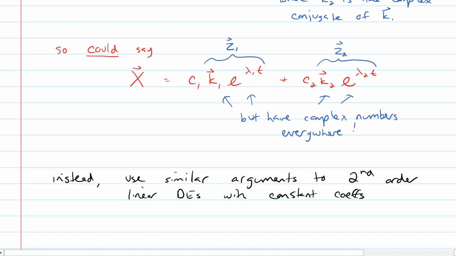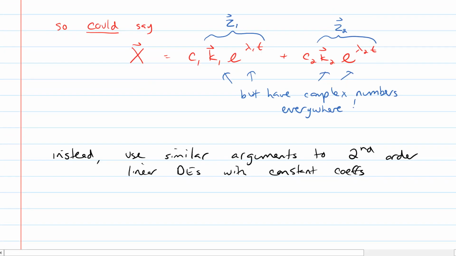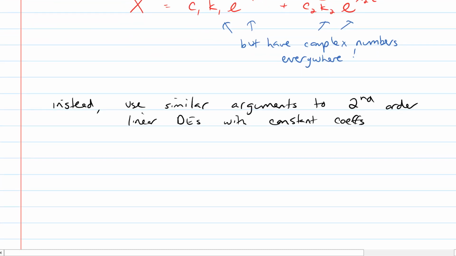You'll recall that rather than having e to the i t's and stuff like that, we ended up with e to the alpha x onto a linear combo of sine beta t and cos beta t instead, which worked out a lot better.